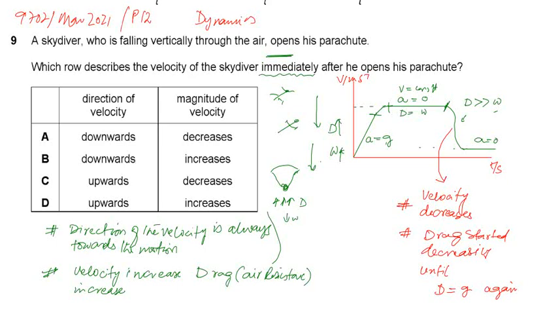But as soon as the velocity starts increasing, drag, meaning air resistance, also starts increasing and opposes the motion. Here we need to understand two points. First, the direction of the velocity is always towards the direction of the motion.